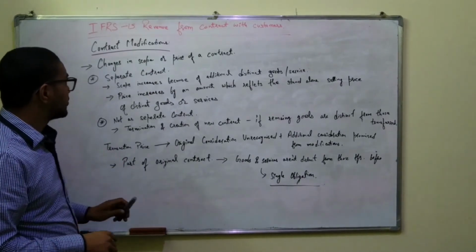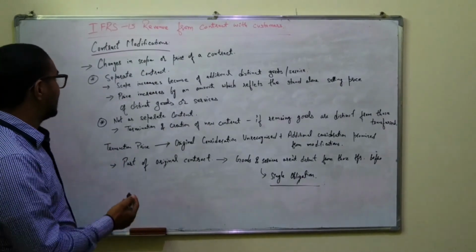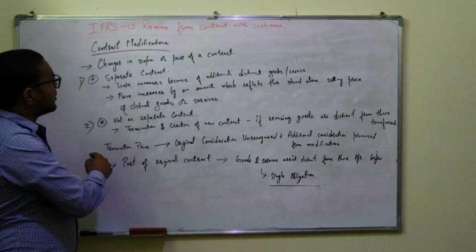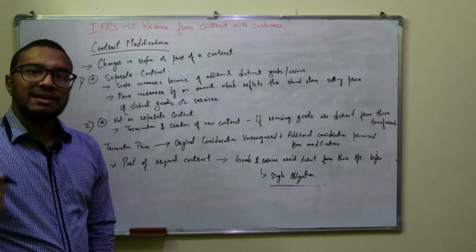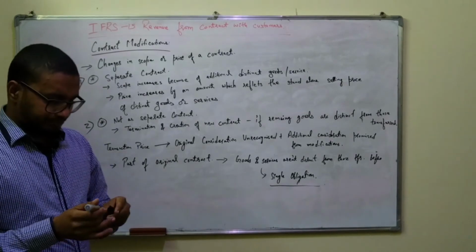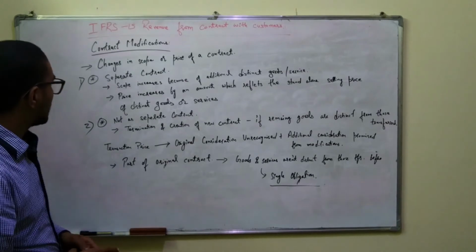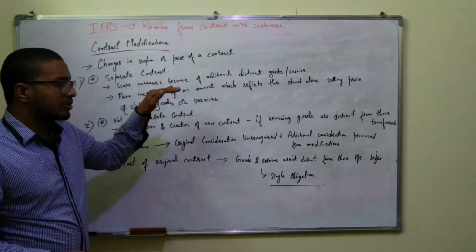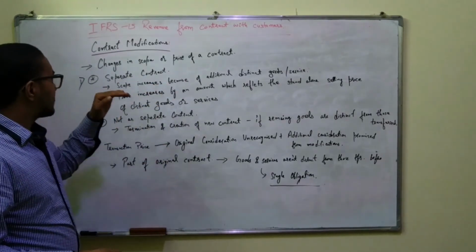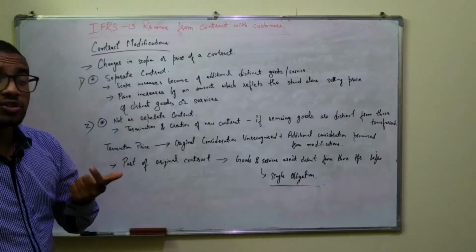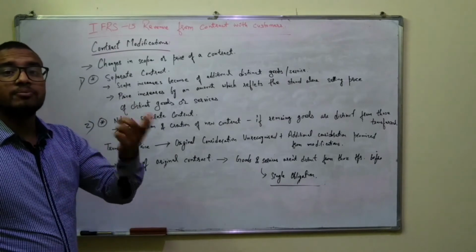And then there are two things that we need to consider while taking into account contract modifications: a way to determine whether it is a separate contract or not a separate contract. Okay, so when will it be a separate contract? It will be a separate contract when the scope increases because of additional goods and services that we provide.